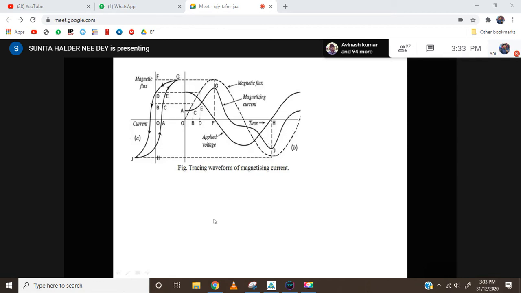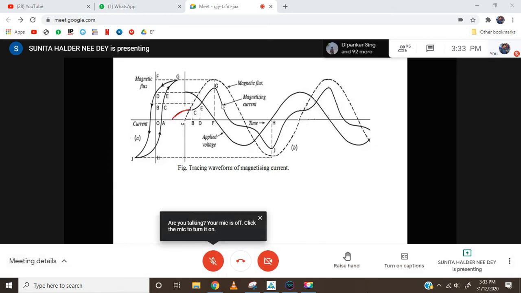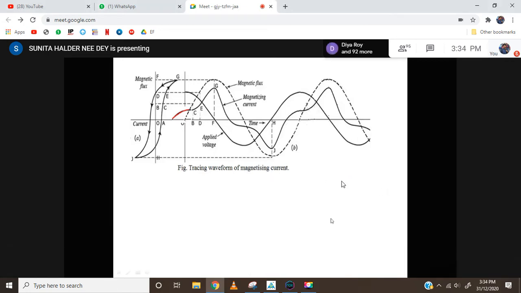Now you know in the BH curve, B lags behind H. So the current will also lag, and the magnetizing current starts from here. If we see it in the oscilloscope for one full cycle, it will start from here, go in this way, get up to this, and this will keep repeating. So for higher voltage, we shall get this type of waveform.